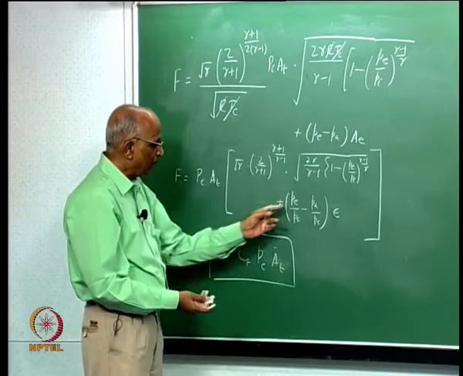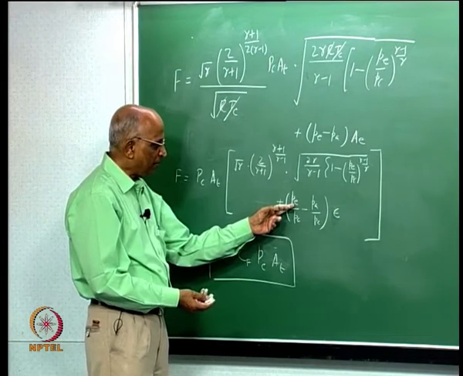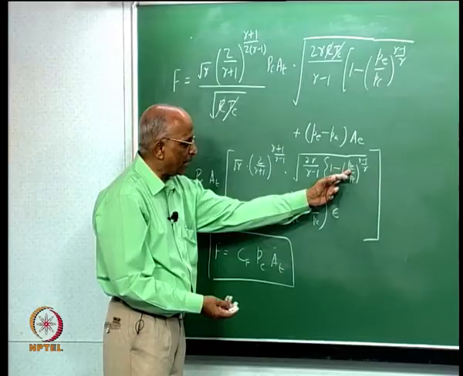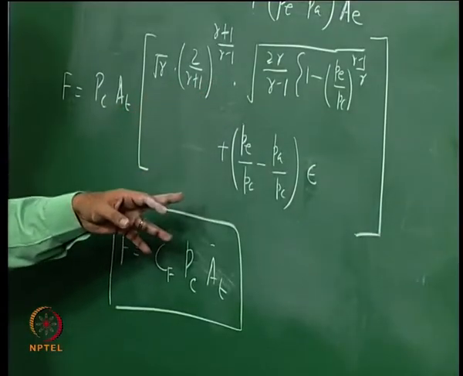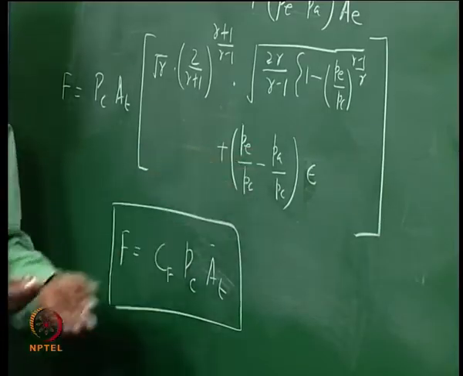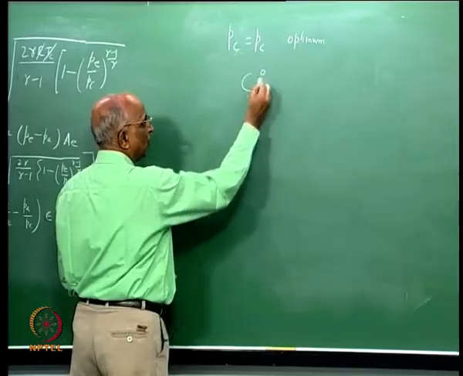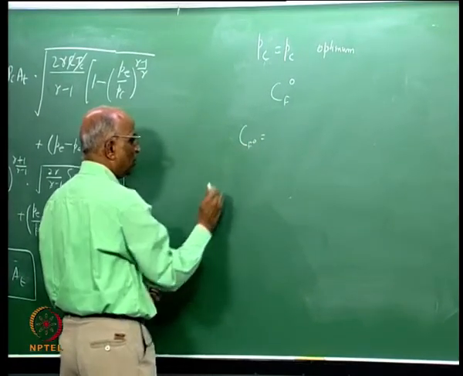When the ambient pressure is equal to the exit pressure, this term knocks out, but then you are increasing the value of Pa, and therefore the value of Cf corresponding to Pe equal to Pa will be maximum, and that is denoted by Cf0, corresponding to the optimum.